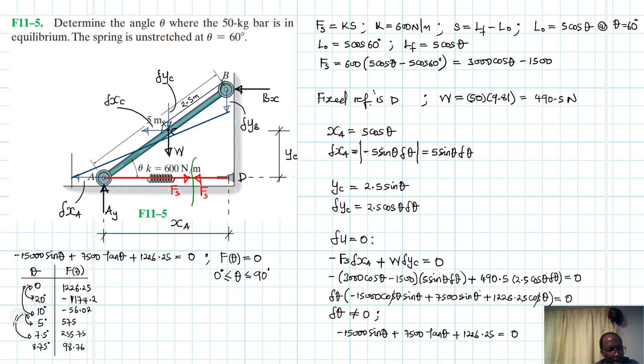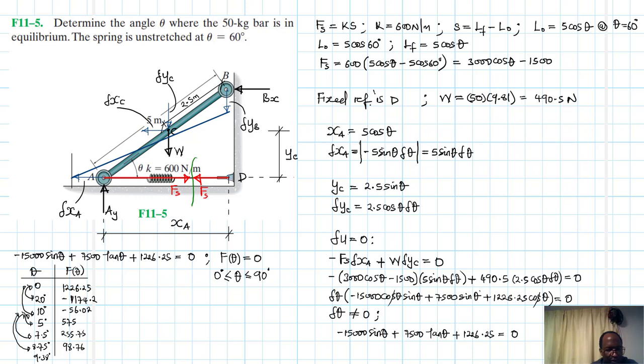So again, the smallest values will be these two in the negative and positive. So 10, that's 18.75 divided by 2. So we have a 9.38 degrees. So what does this give us?